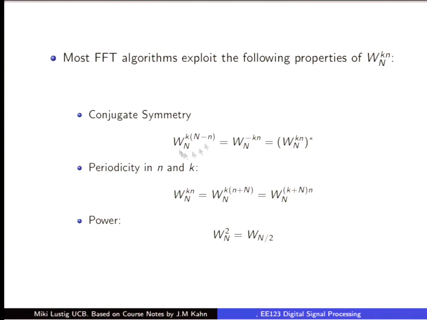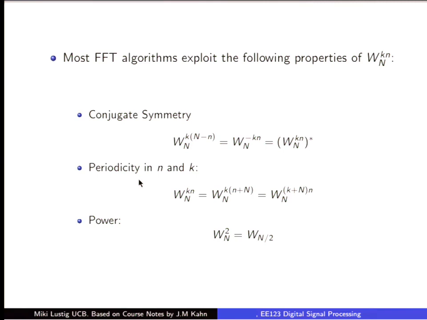The way you get this is that it is periodic with N, so w sub N to the power of k(N minus n) will be w sub N to the power of minus kn, and that's equivalent, of course, to the conjugate of that. The other one is the periodicity in n and k, and we showed that.